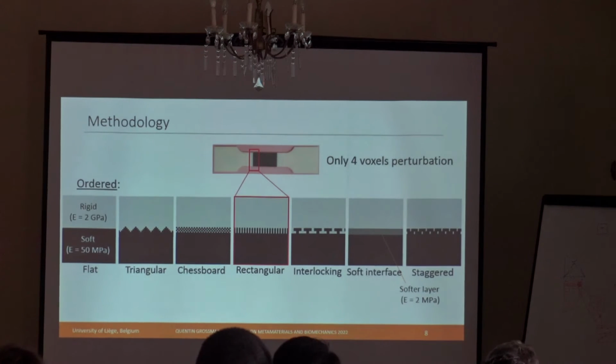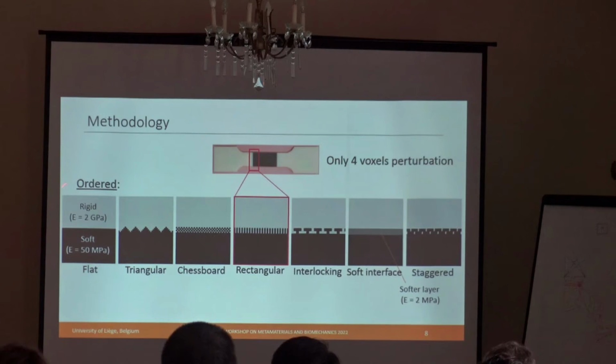So, regarding the geometries, we have those here. You can see the flat geometry case with the 2 different Young's moduli. For the rigid material, we have 2 gigapascal, and for the soft material, we have 50 megapascal.